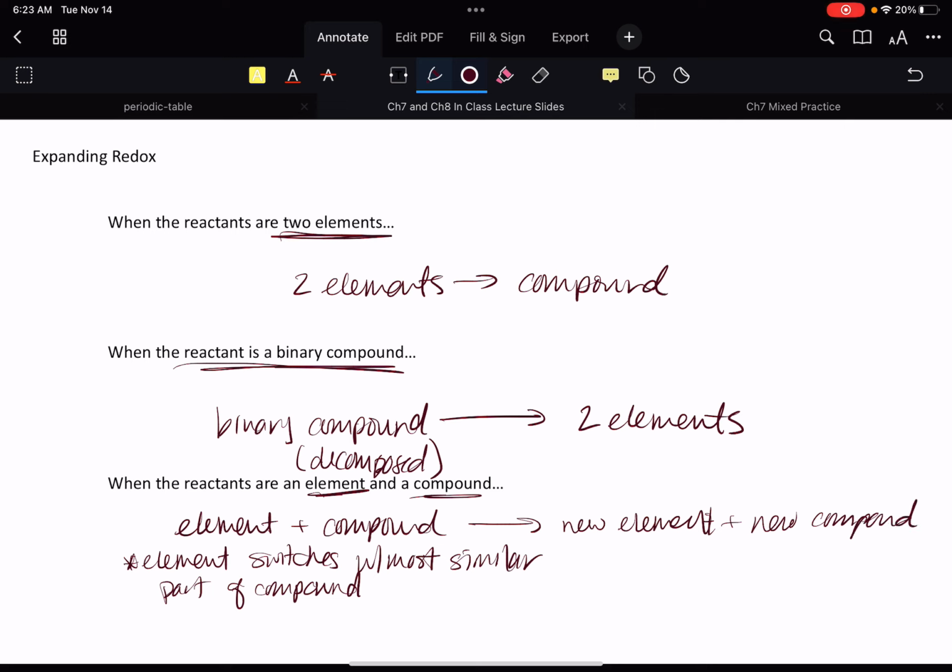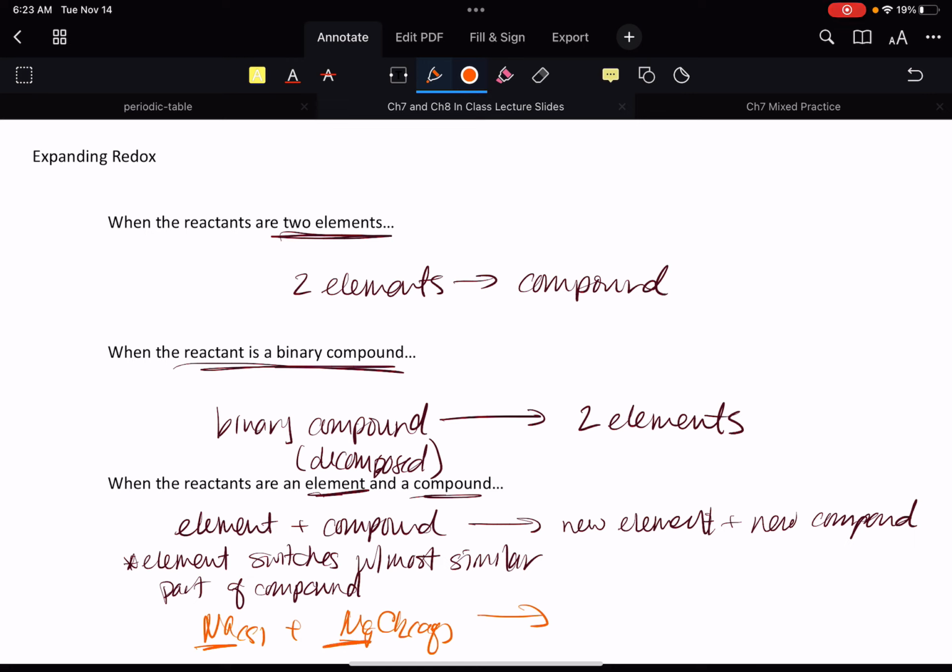So, for example, right, we could have sodium plus magnesium chloride, right? And we would say, oh, there's an element, there's a compound. The element, sodium, will switch with the part of the compound it's most similar to. And between magnesium and chlorine, sodium is most similar to, right, magnesium.